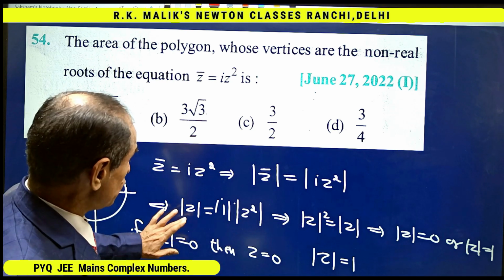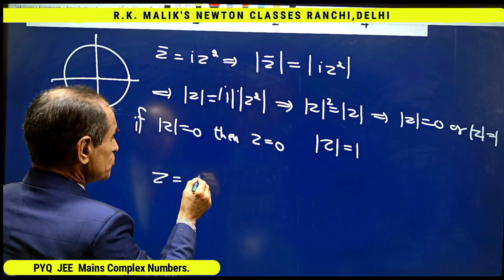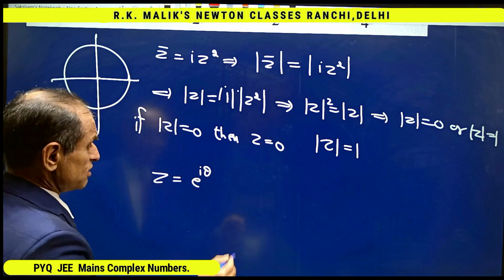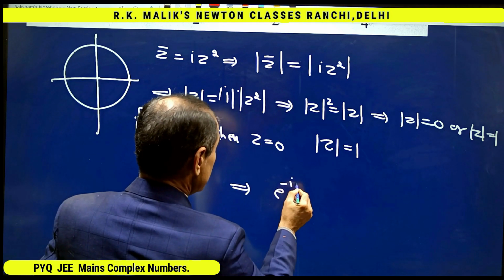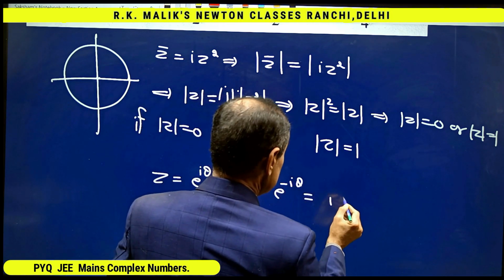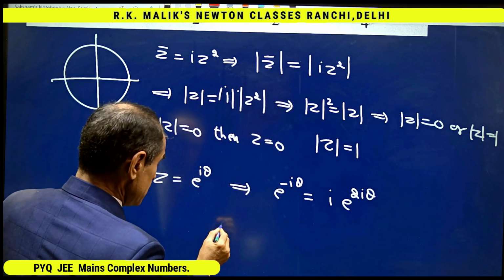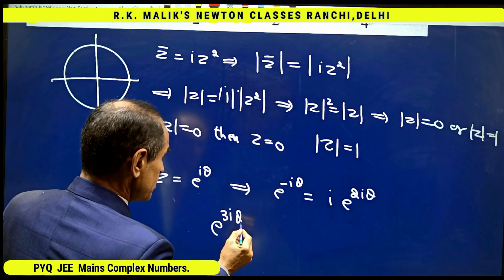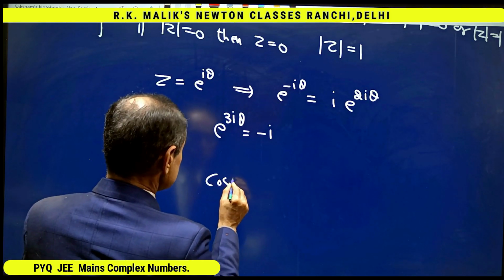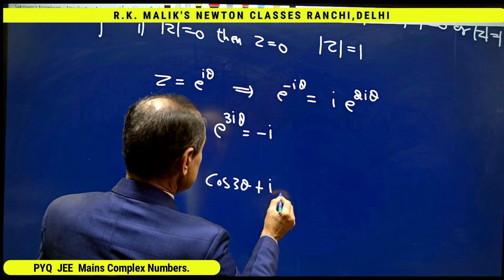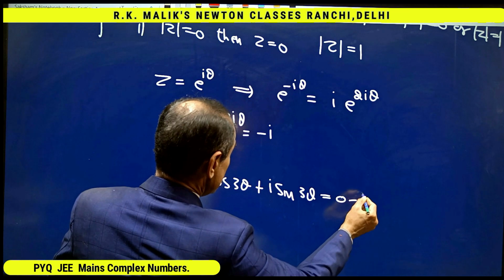Hence, if mod z equal to 1, then I can say z equal to e to the power i theta. This means e to the power minus i theta is equal to i into e to the power 2i theta. That is, e to the power 3i theta is minus i. That is, cos 3 theta plus i sin 3 theta is 0 minus i.